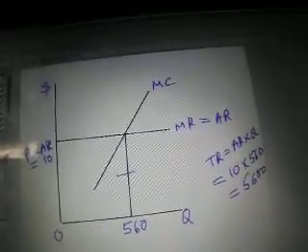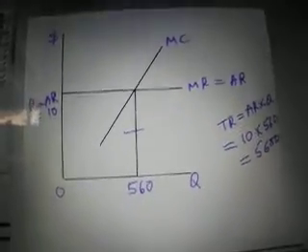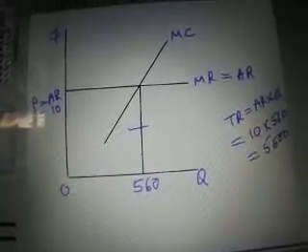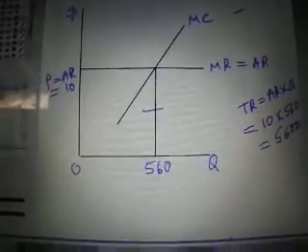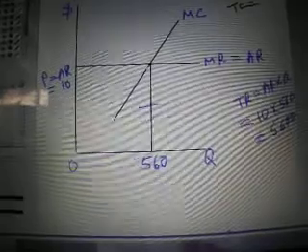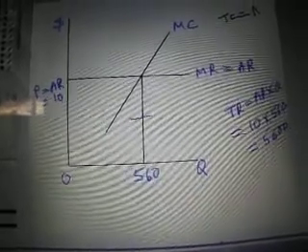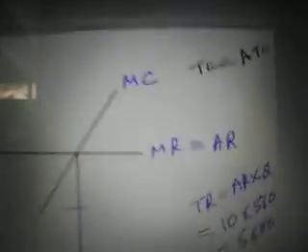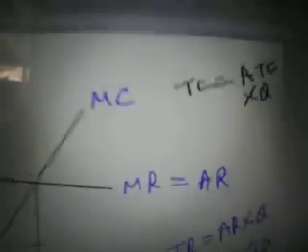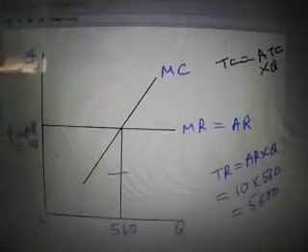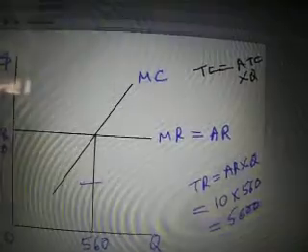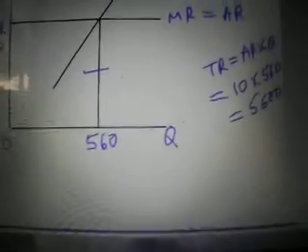This is where we were, right? What is your total cost? You can tell me. Total cost is equal to average total cost times quantity. We still don't know what the average total cost is. That's where I stopped, okay?